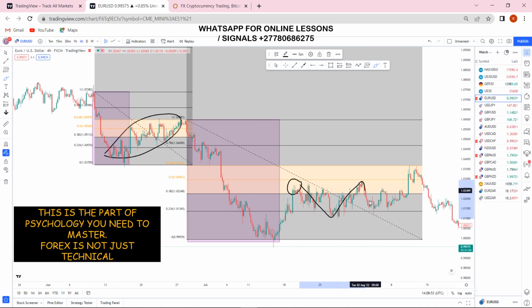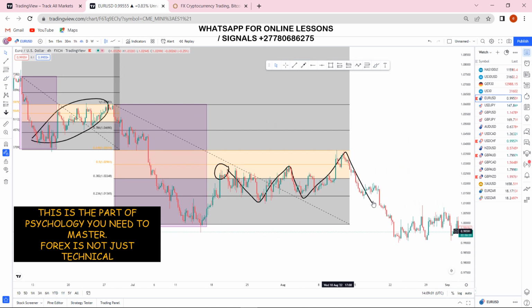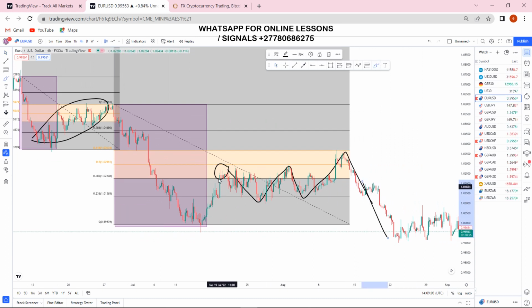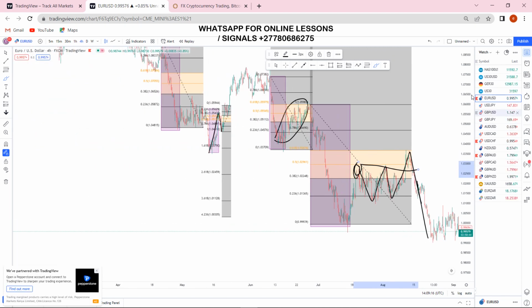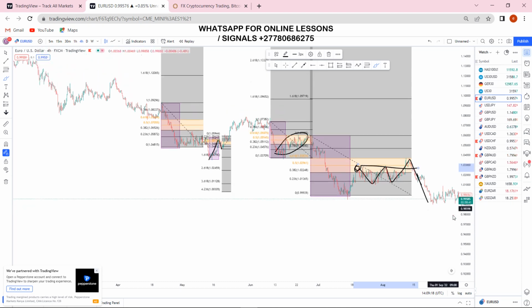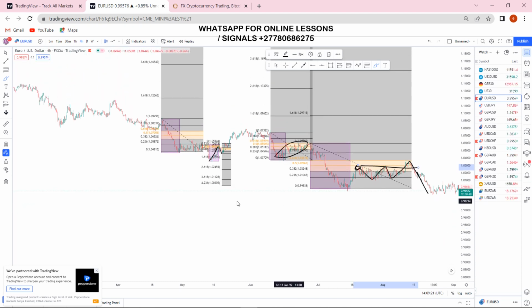But don't panic. As you can see, market eventually sold for some time right here and went down, but it was a struggle from a sell right here up until the market eventually decided to go down right here. So it's not as easy as it looks, but once you get used to the market and you practice the strategy, it can be an easy way to make money out of the market.